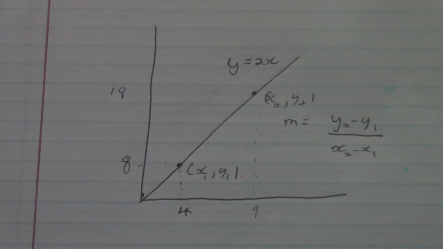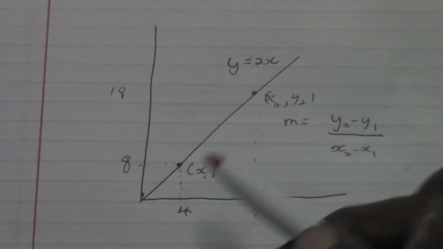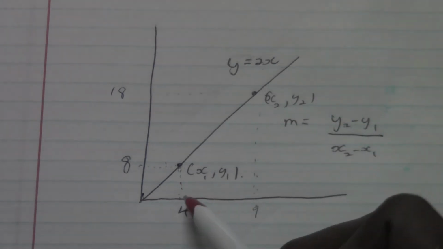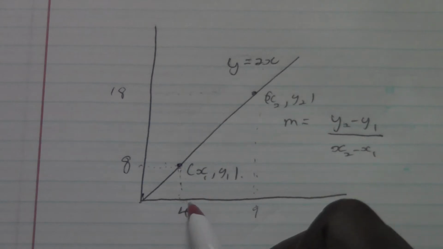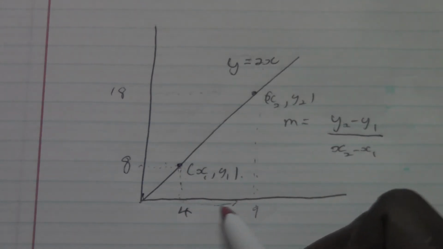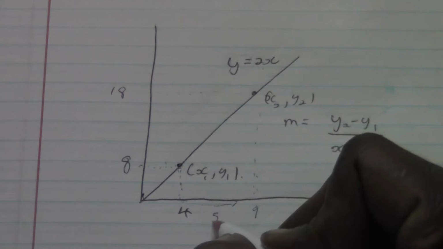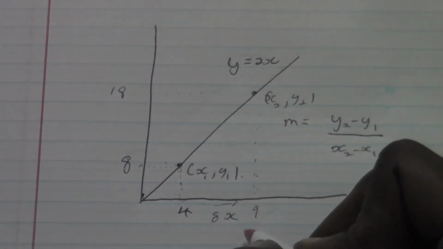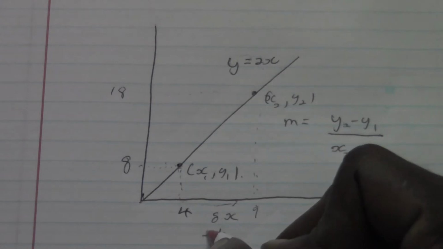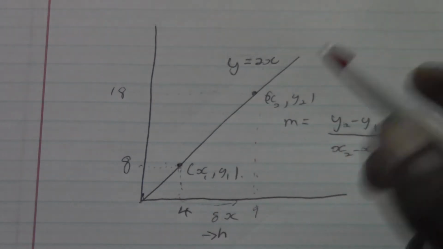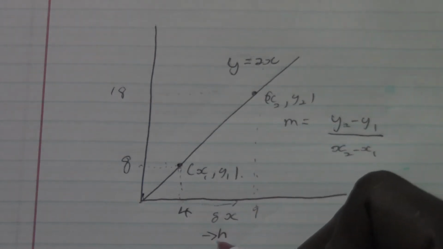Now, what you really do is not state 2 random points. You choose this point and call it x, and then you increase the chosen x value by something called delta x or h. I will be using h for this video. I'll tell you why. So the increase in x, I will call h.